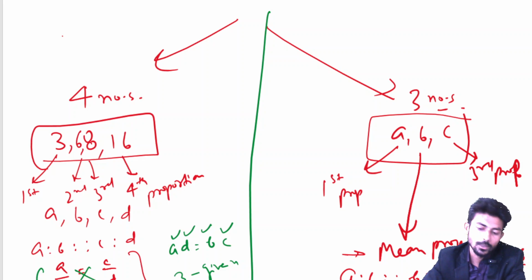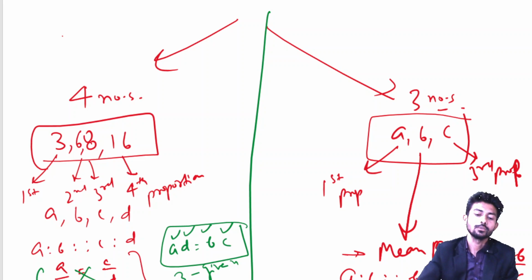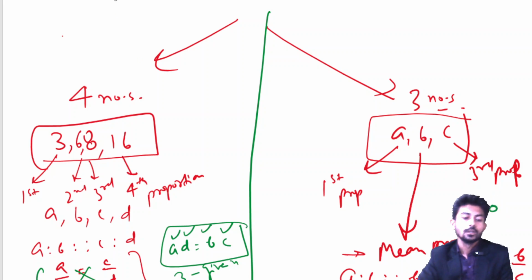Similarly here, two numbers would be given to you and one you need to find out. So by putting the numbers in this relation, we can find the number which is being asked, and similarly here as well. So let's understand this in a better way by using some problems.